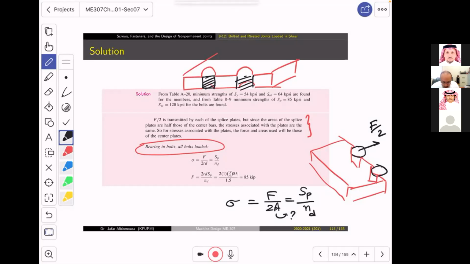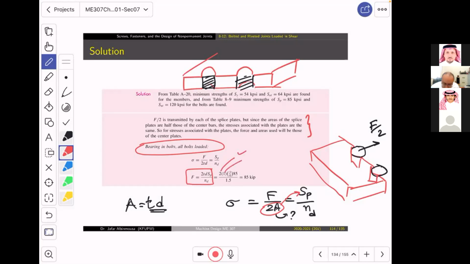Now, what happened over here? I need to go and look for the area. The area is not very difficult. It is the thickness multiplied by the diameter. That's the area. So if I solve for F, I need to multiply 2 by A by SB and then divide by N, which is this equation, right? And then what do I do? Look, the 2 is a constant.